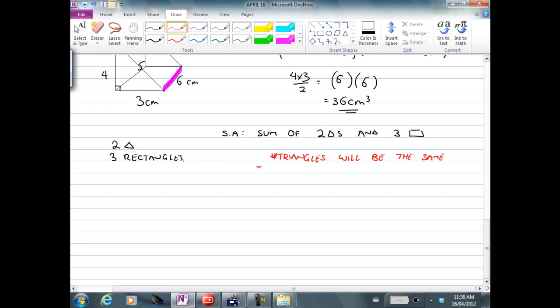I'm going to make a double star: you must find each rectangle separately. Okay. There are no shortcuts. You cannot say the left rectangle is equal to the right rectangle. There are no shortcuts. You gotta find it separately.